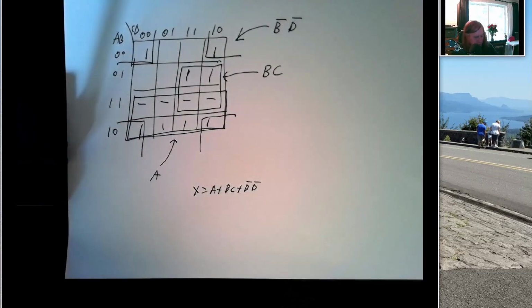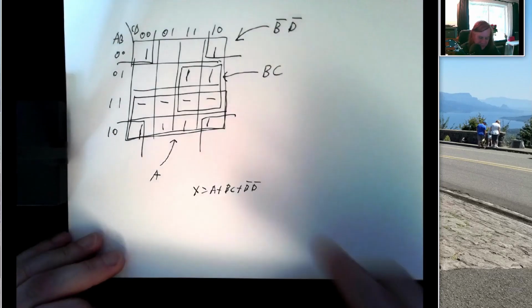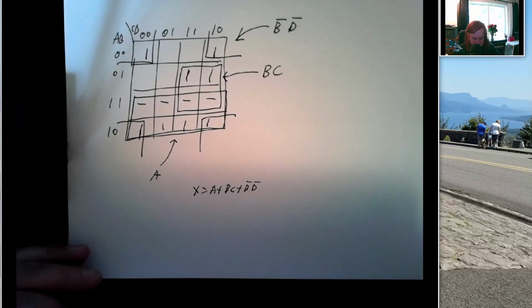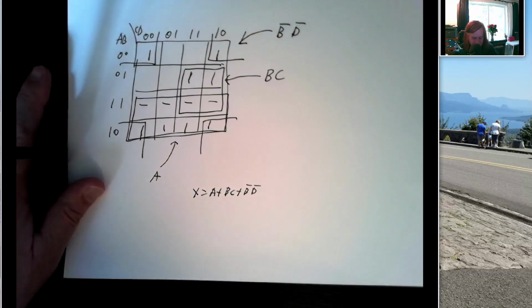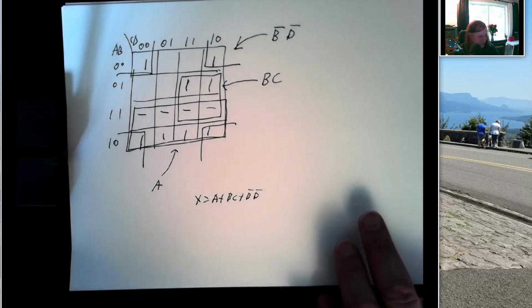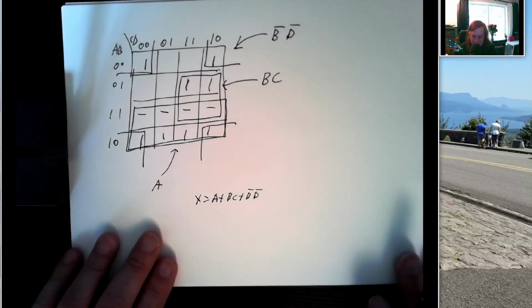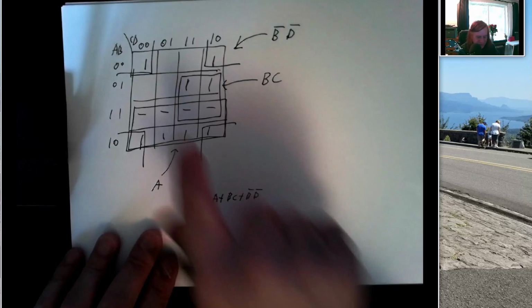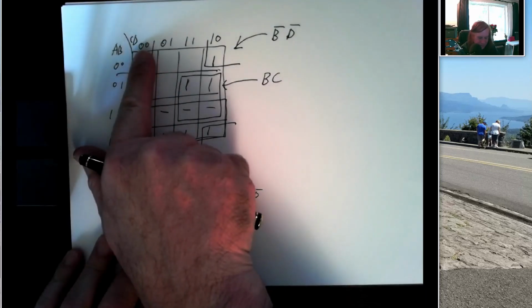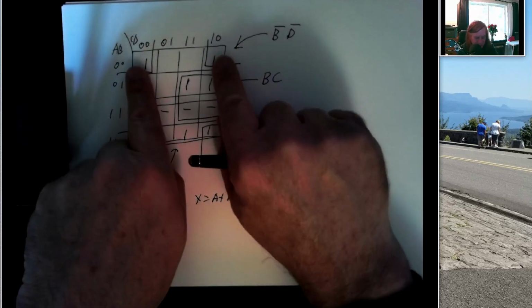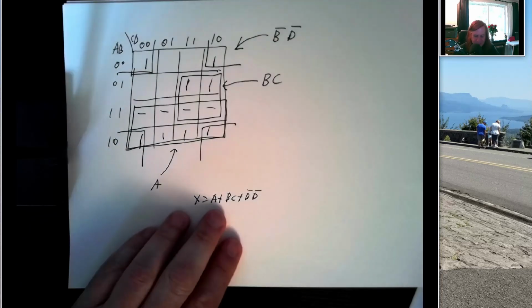All right. One final comment. This business of splitting these rectangles is not as freaky as it might seem. This has to do with the fact that there's different ways we could draw this K-map, right? We happen to put C before D, but if we had put D before C, these two boxes would have been right next to each other.